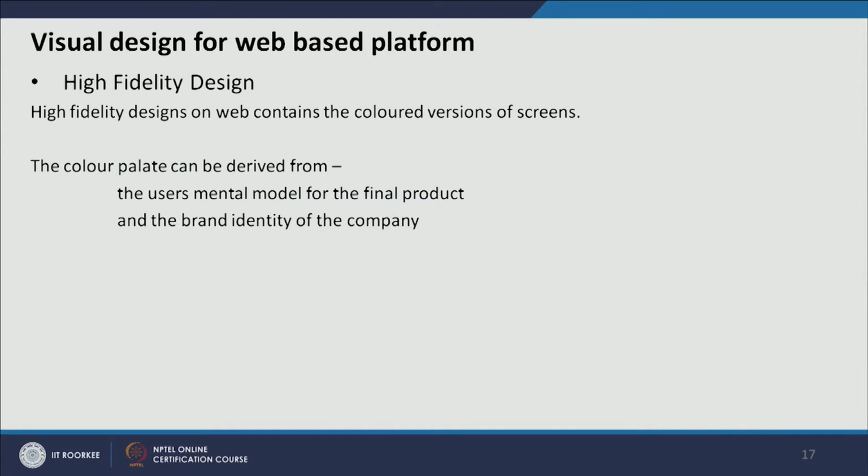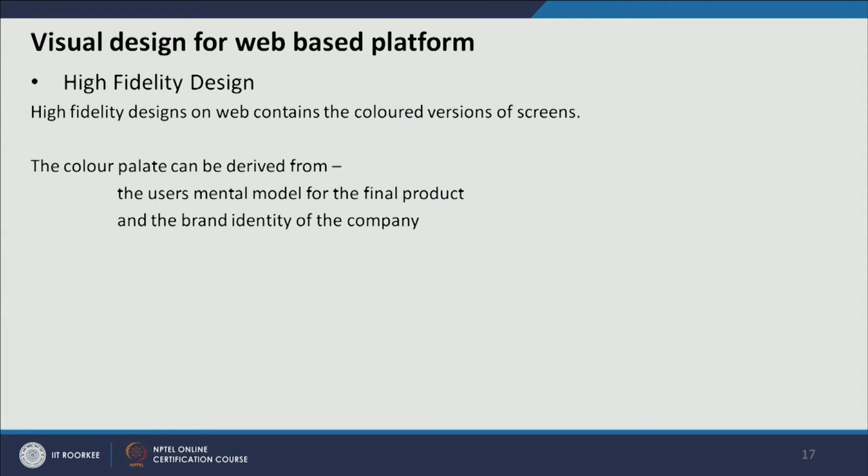So the high fidelity design can be approached by first finding the user's mental model. The high fidelity design actually contains the color palette, detailed color rendering and UI transitions. That color palette should be derived from the user's mental model of the final product. Mental model, as we discussed earlier, is what the target audience or the users think about the final design, and what kind of color schemes they are expecting in the final design.